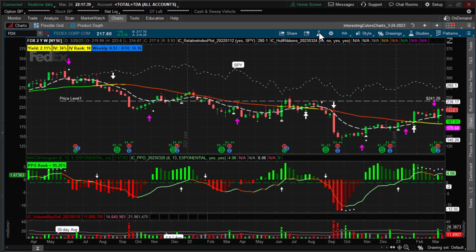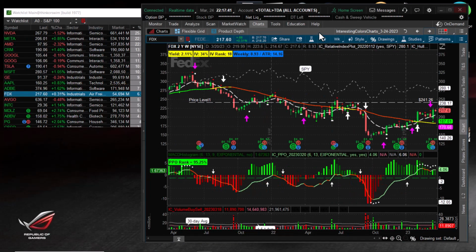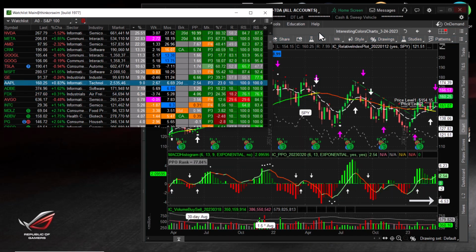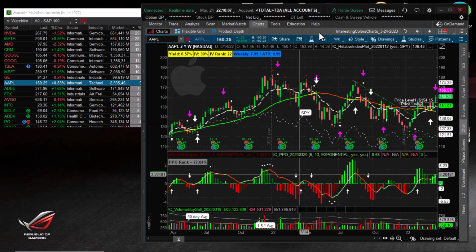So when we were looking at it from the standpoint of Apple, we only saw around 6%. So it reversed at different spots. So that's kind of how I use it from the standpoint of finding valuation to the upside.